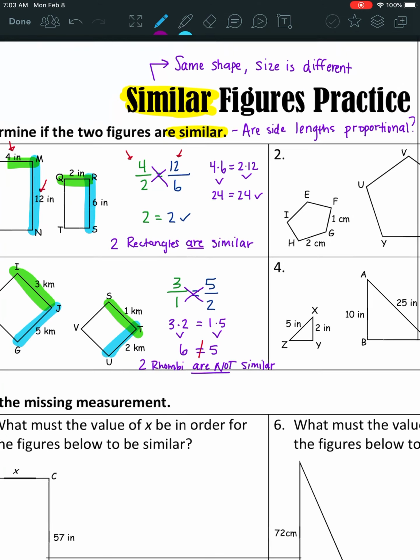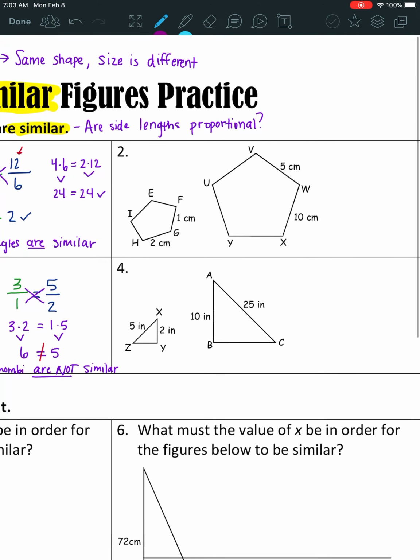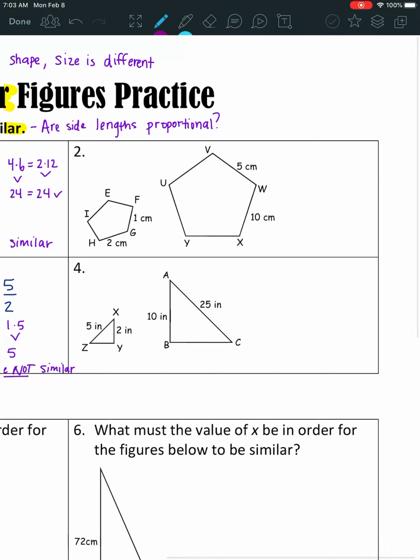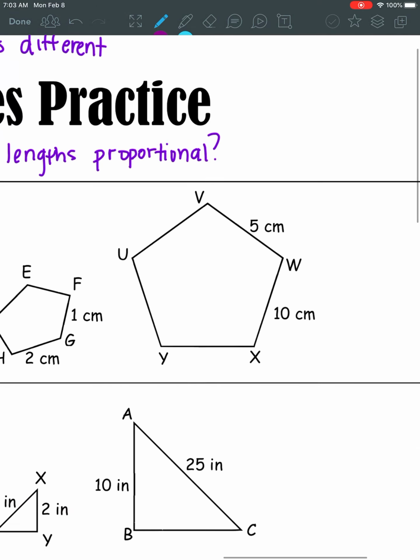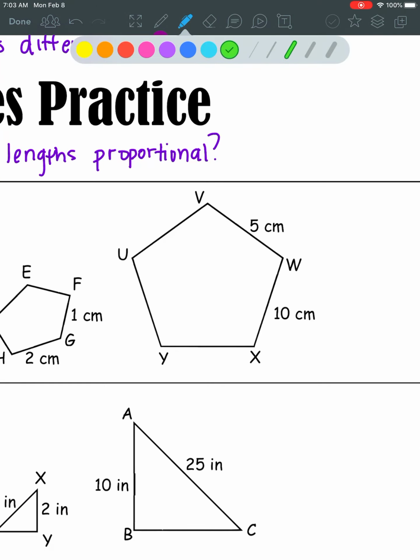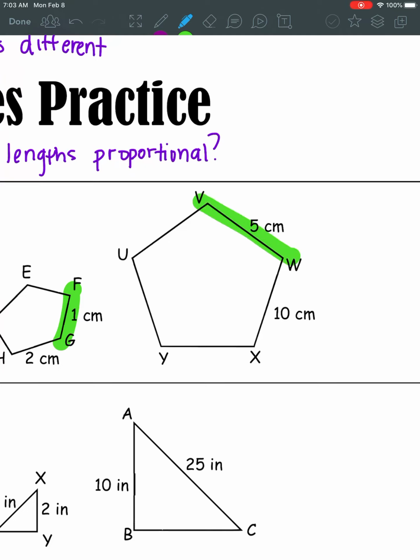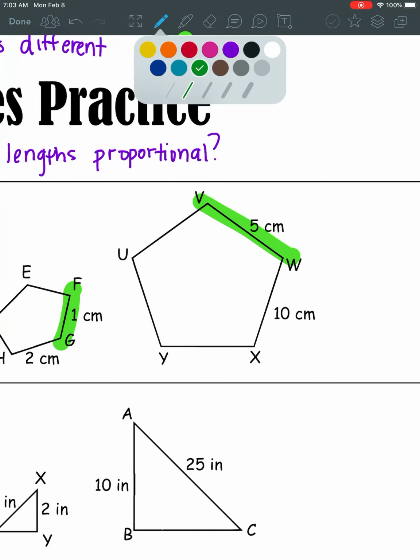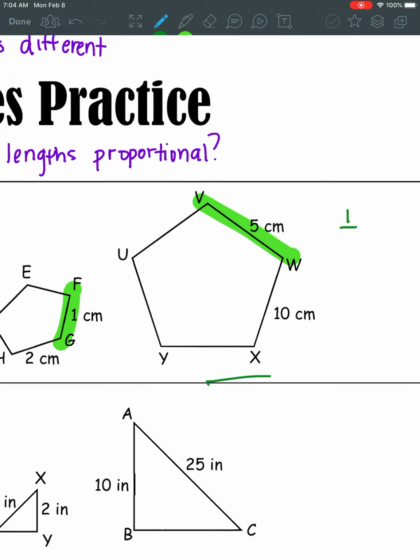Okay, and I'm going to leave these other two. I want you to pause and see if you can figure out, are these other two examples similar as well? And then we will do those together. So 1 over 5 is one of our ratios. Those two side lengths match up. And then the other pair is 2 and 10.